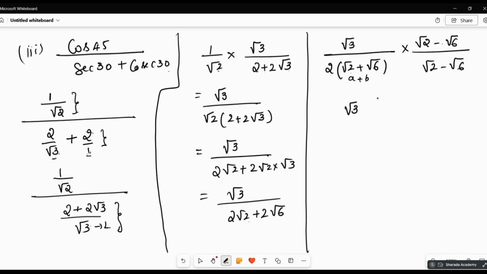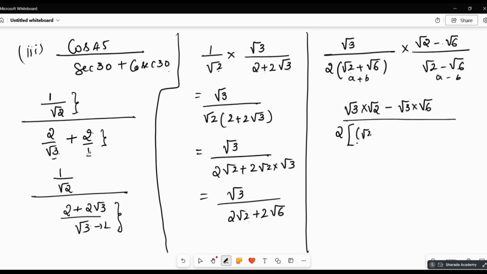Root 3 into this whole thing. So we will get root 3 into root 2 minus root 3 into root 6, by 2 into, this is like a plus b into a minus b. It is equal to a square minus b square.